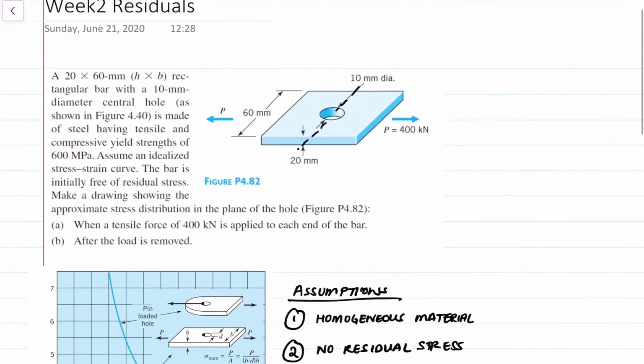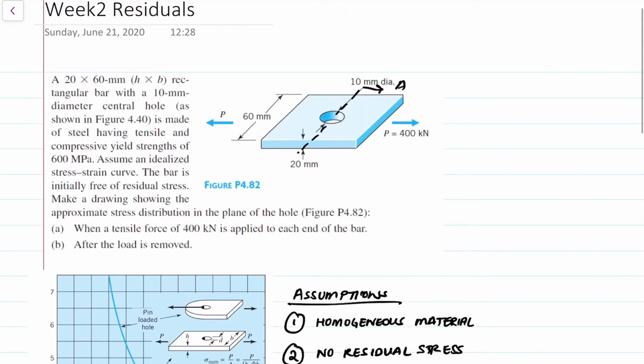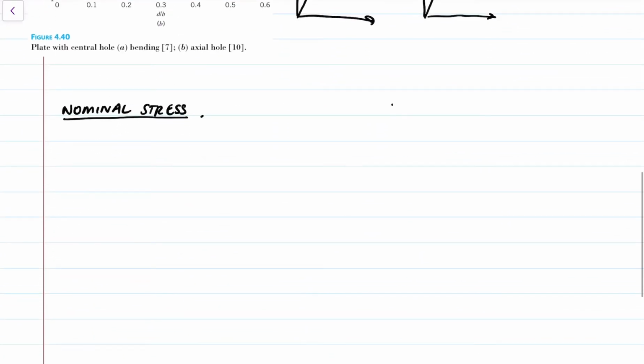And we have our, let's say this is section AA, right? So we have section AA, and I'm going to draw the cross section, which basically looks like a rectangle, and then a void due to the hole, and then another rectangle, right?